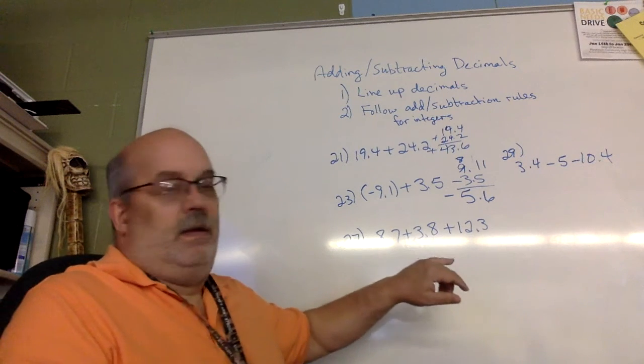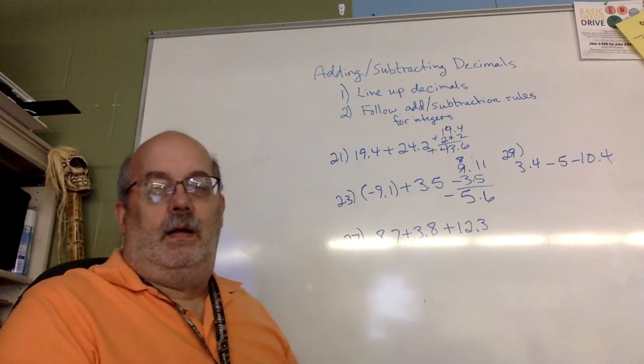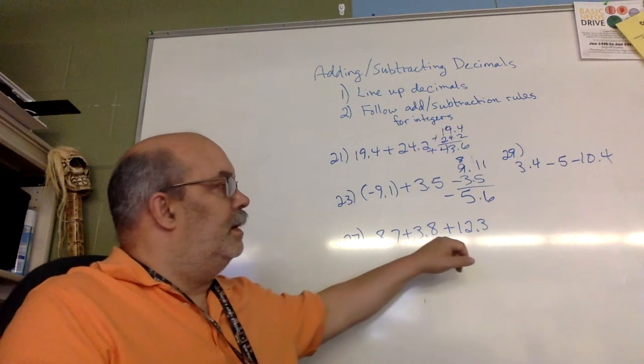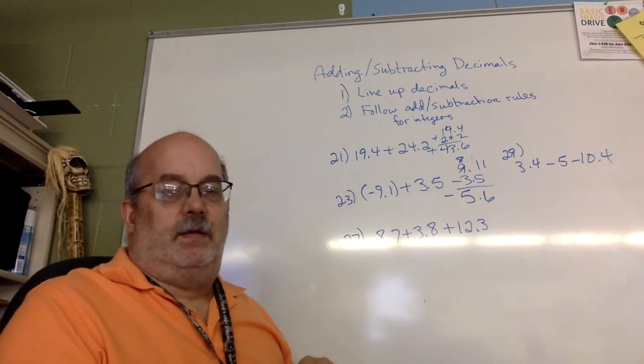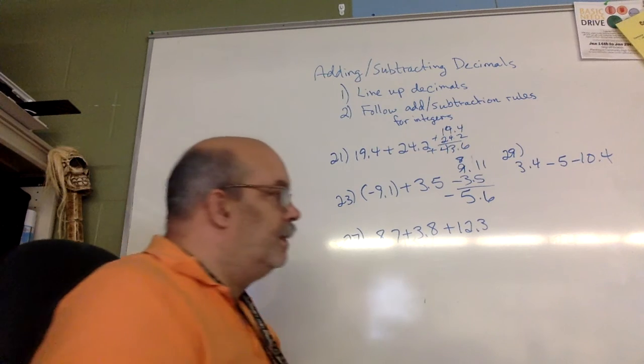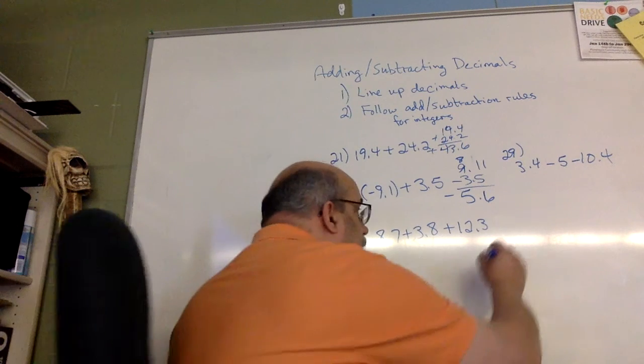Got 3 numbers. But they're all pluses, so I can add them all together at once. Just got to line up those decimals.